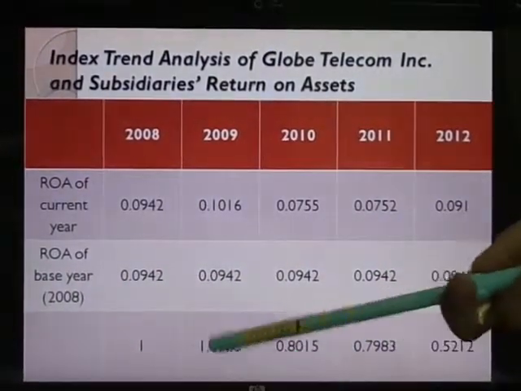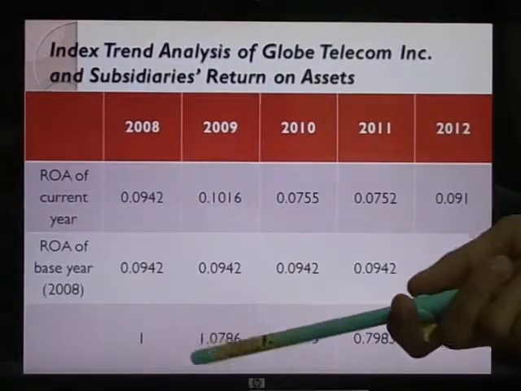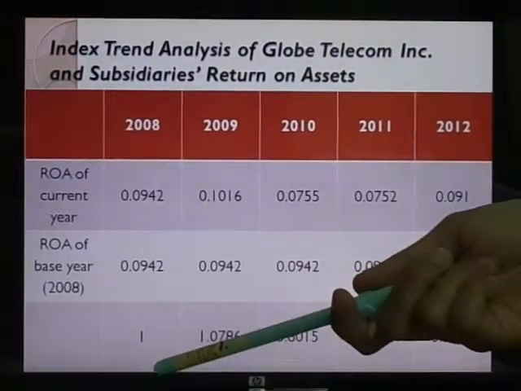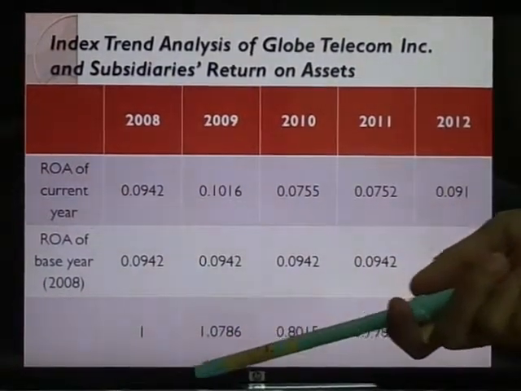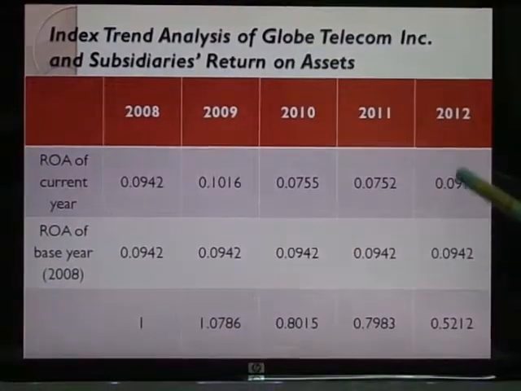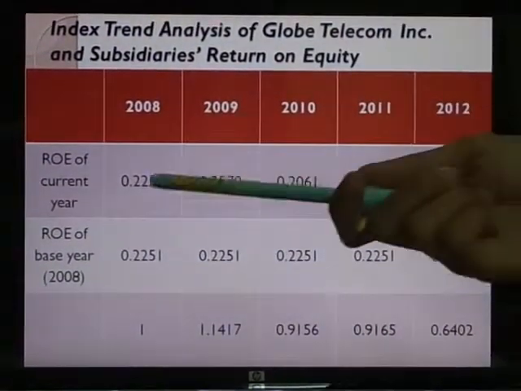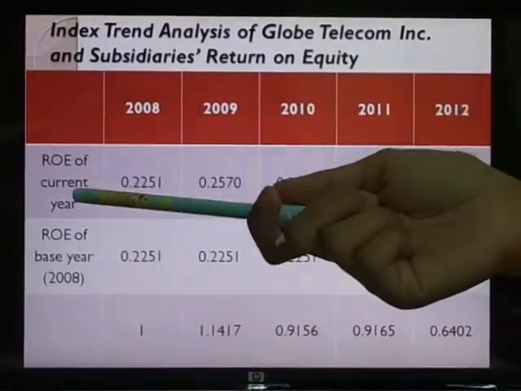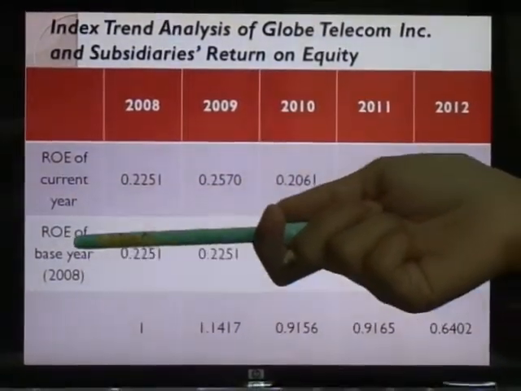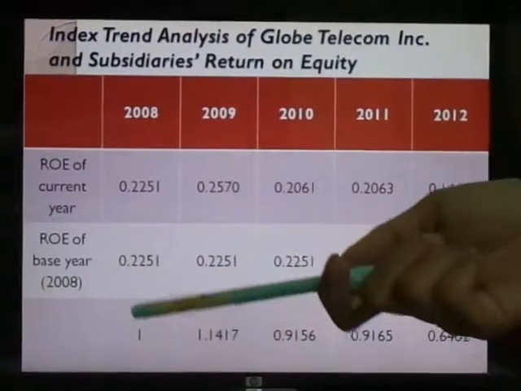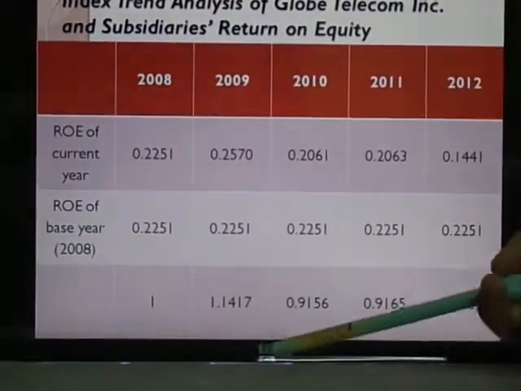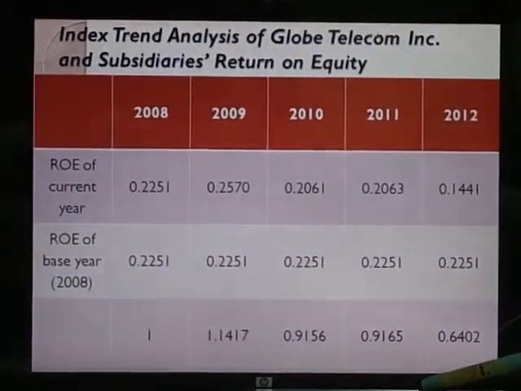For 2008, the base year, we get 1, and it's decreasing. And for the ROE of the current year, I divide it by the ROE of the base year 2008, and these are the answers.